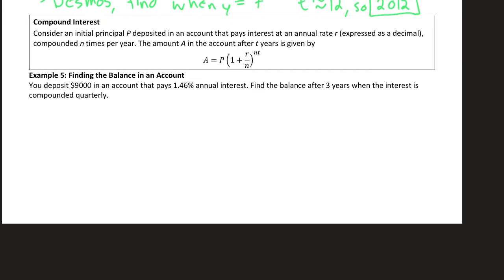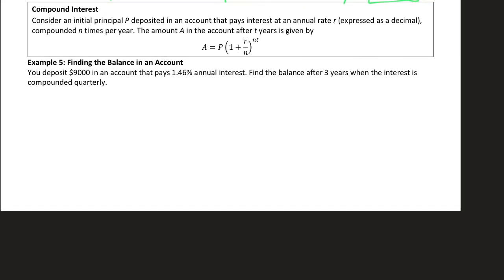So for you guys, the most common thing is compound interest, and you are going to get more practice with compound interest than anything else because I think it's the most relevant thing. So compound interest means you deposit something into an account and it pays interest at an annual rate, okay? But that annual rate gets compounded sometimes more than once a year, okay?